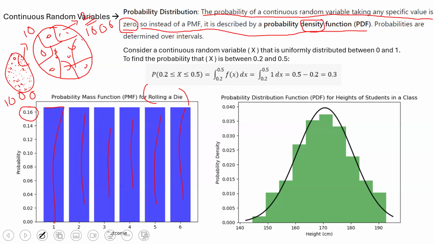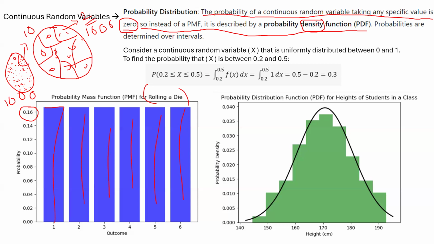Density says what is the concentration of people in that particular area. So when you have a highly dense area, more people will be living in a small area. When you have a less dense population, very few people will live in that same area, like 100 square kilometers or whatever it is.